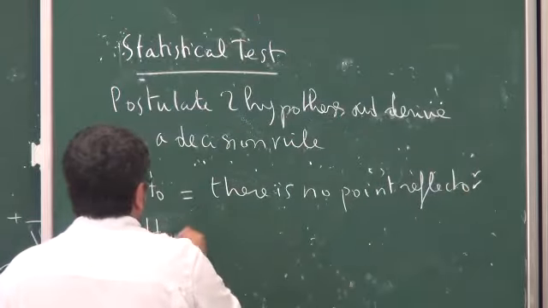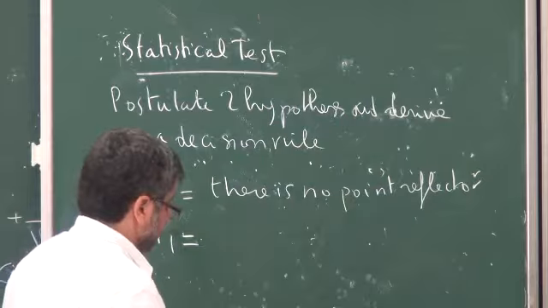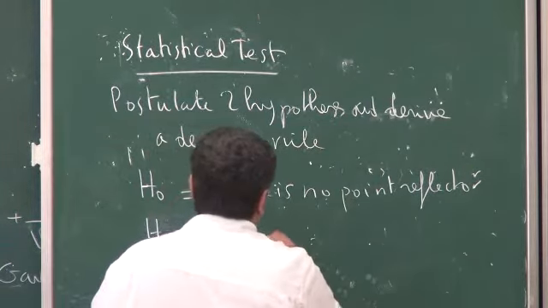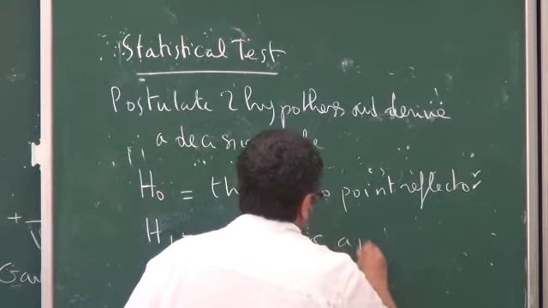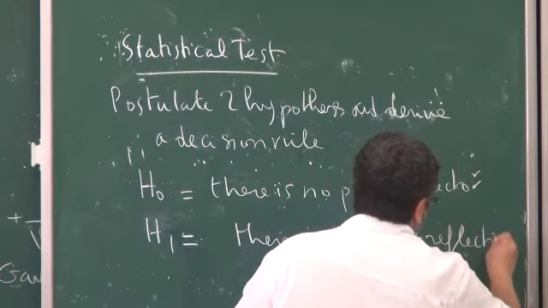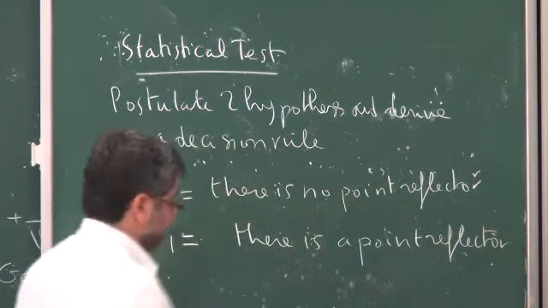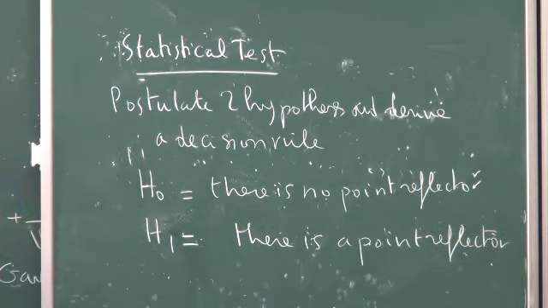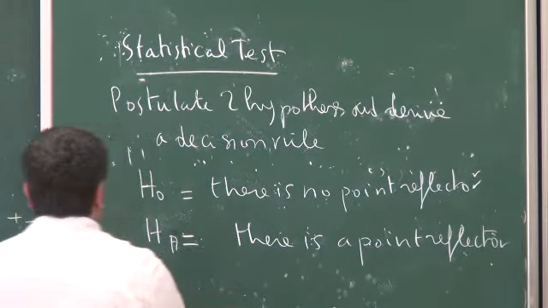H1, there is a point reflector. We want to test H0 against HA, H alternative.